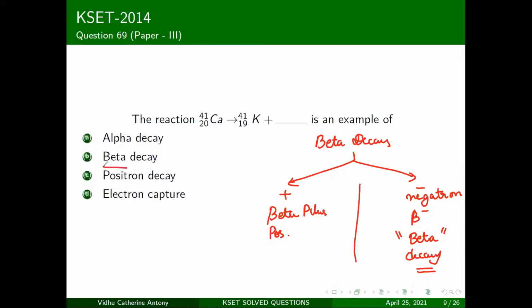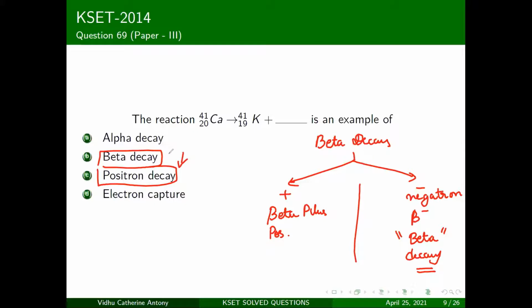Now what you do see here is that there's beta decay, there's also positron decay. So ideally I would go with this option to be safe, because this is positron decay, and beta decay is basically of two types, so it's not so specific.